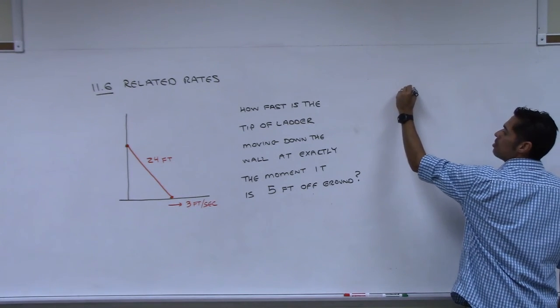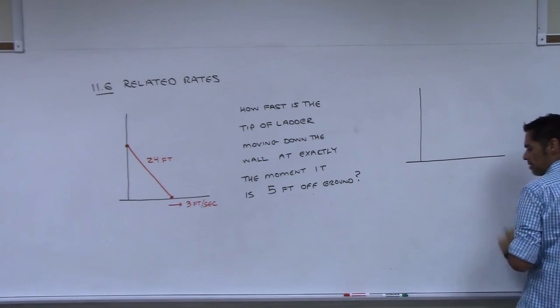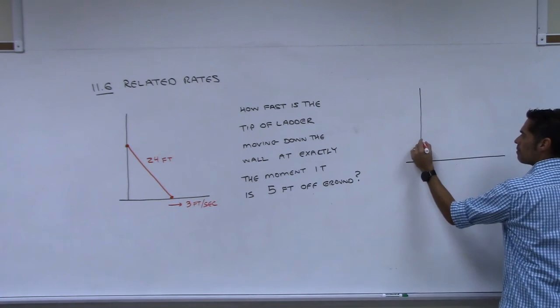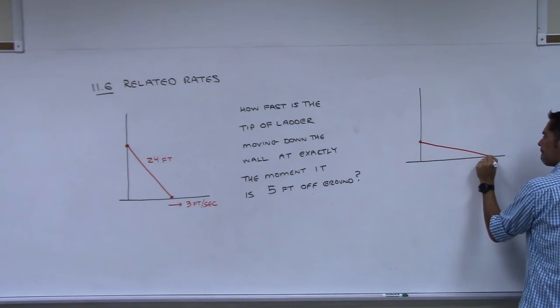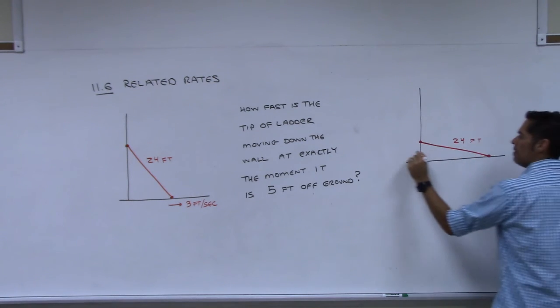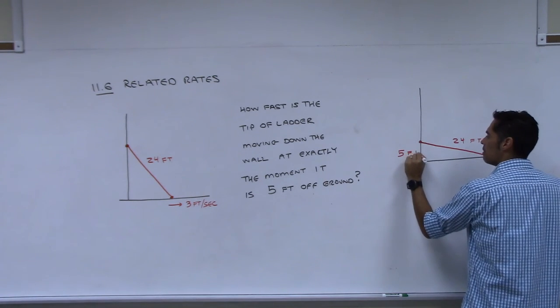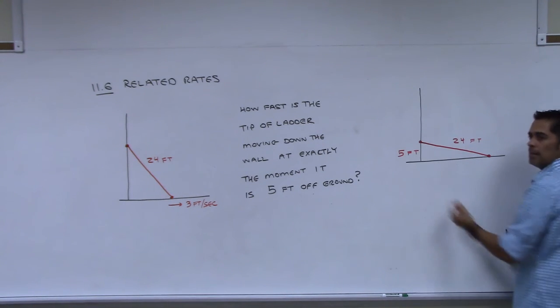This is going to be a picture at the exact moment that I'm talking about. So we've got the ladder. This is 24 feet. And this side right here is 5 feet. Do you agree? That side right there is 5 feet.